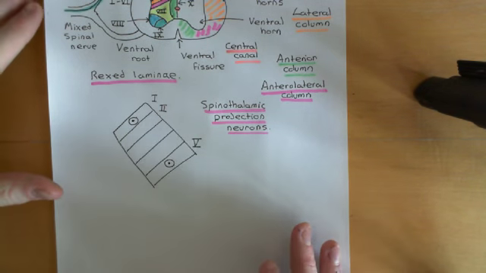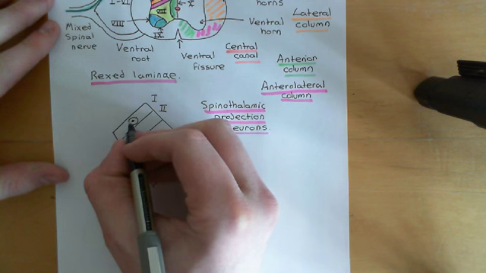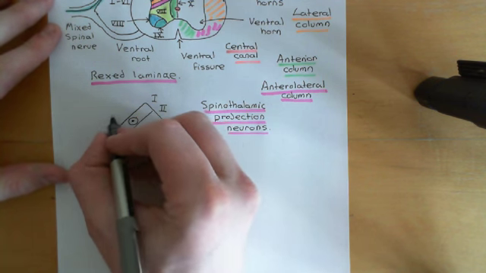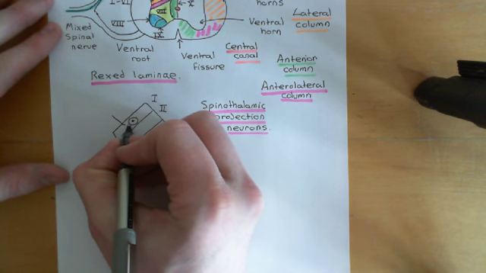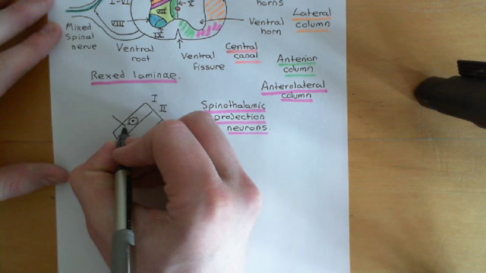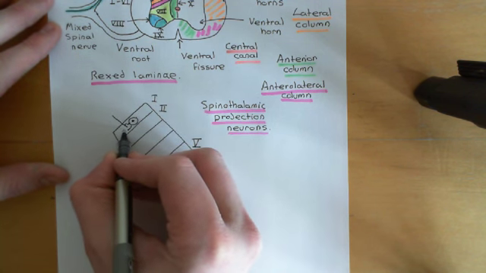So let me explain this. For the ones in Rexed lamina number 1, it's exactly the same for A delta fibers and for C fibers. All of them will come in like so, and they will synapse onto dendrites. So I'll have a dendrite shown here. That little sticky bit out there is a dendrite.